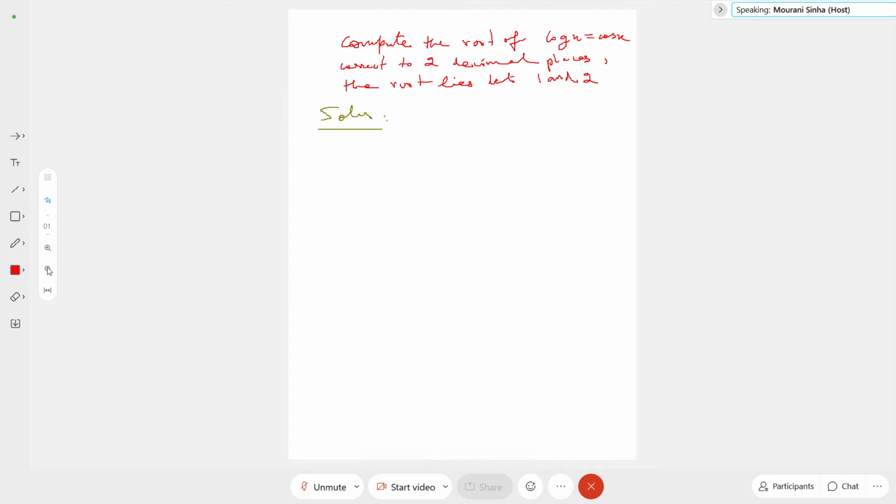We begin with the function f(x), which is log, nothing is mentioned means e base, log e base x minus cos x. It should have been mentioned. Anyway, it's log e base x. So the function is log e base x minus cos x.